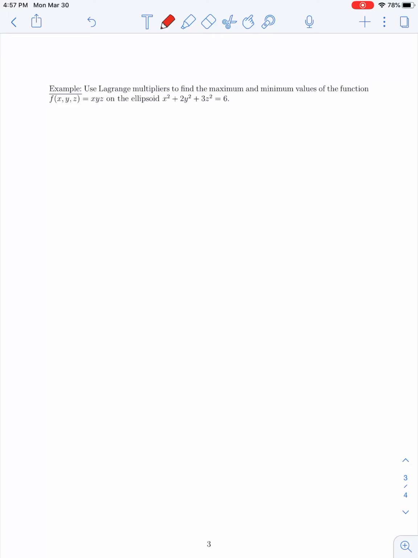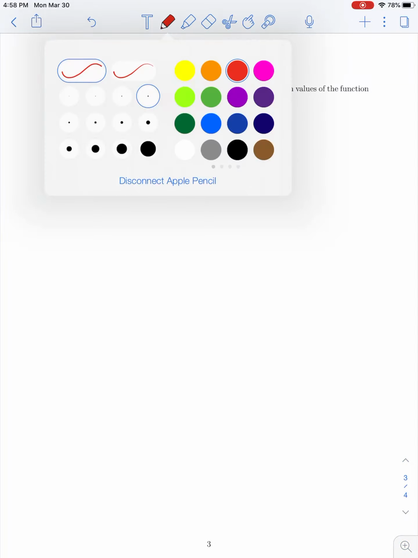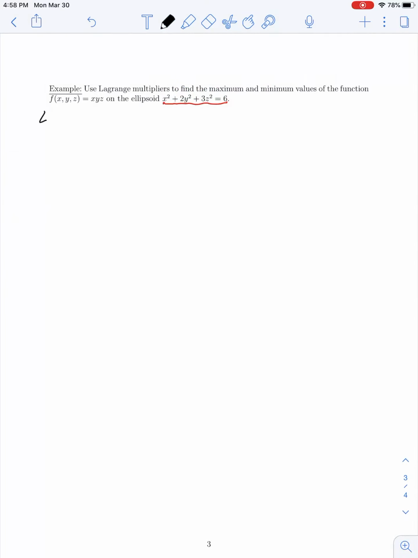So we see in this example, if we tried to use the method that we were using in the previous section where we solve our constraint equation for z, it's not so easy to solve this constraint equation for z since it's quadratic in terms of z. We end up with a pretty messy function for f in that case.